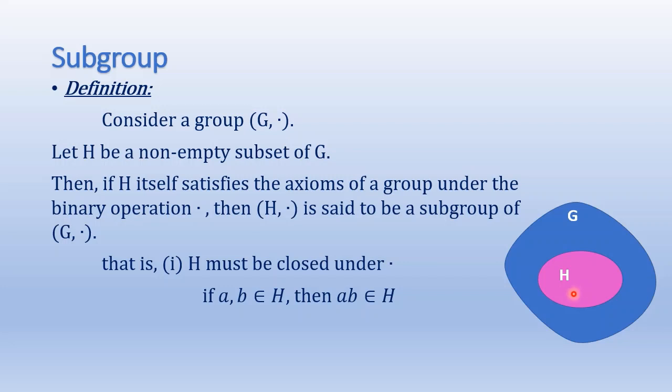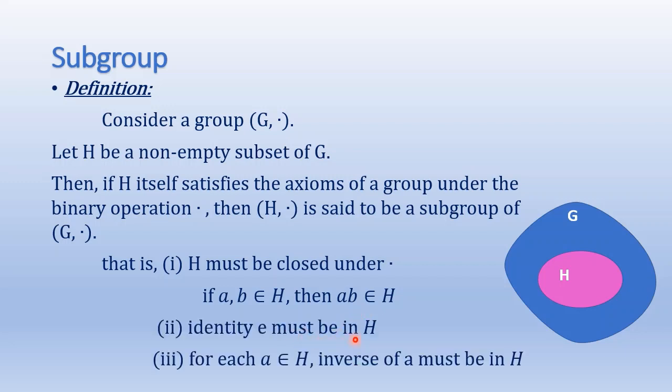That is, if a, b belongs to H, then a times b must belong to H. Identity e must be in H. For each element of H, the inverse must exist in H itself. For a group, there are 4 conditions, where we have the associative property also. But as H is a subset of G, the associative law holds in H also. So we need not verify that.